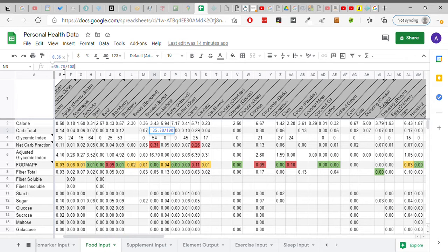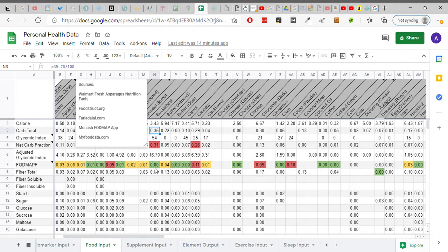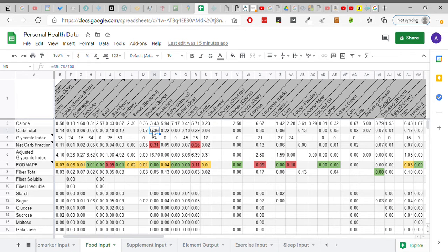We're going to divide that by the 100 grams to get 0.36. So there's 0.36 grams of total carb per gram of buckwheat. Then we're going to calculate the fiber portion. There's 5.04 grams of fiber in 100 grams of buckwheat, so we divide 5.04 by 100 to get 0.05. So there's 0.05 grams of fiber in a gram of buckwheat.